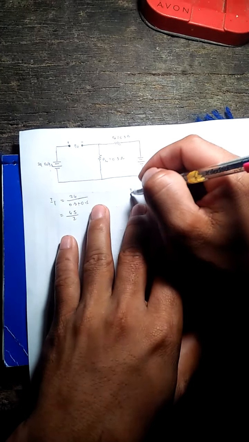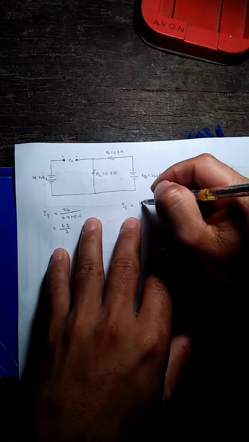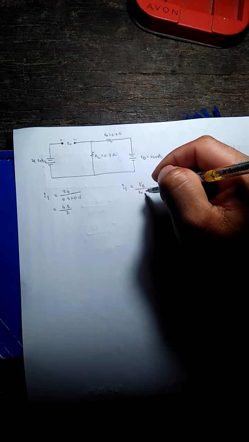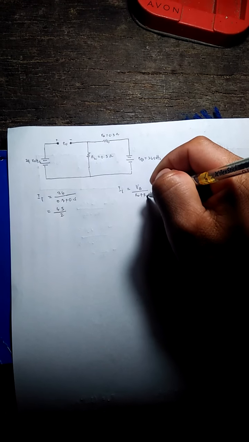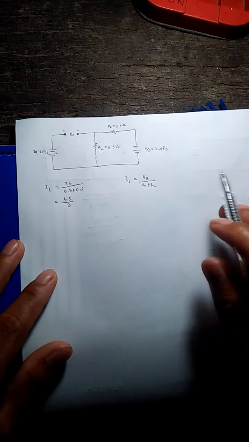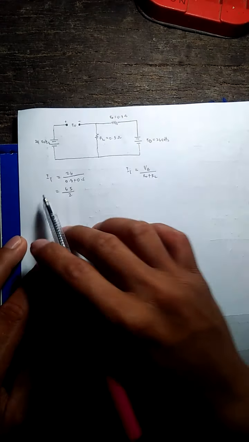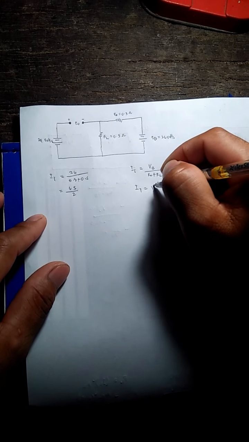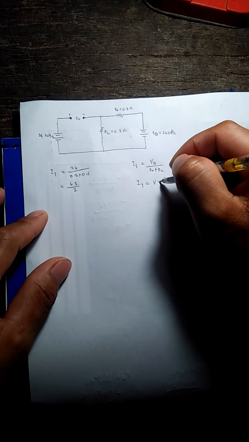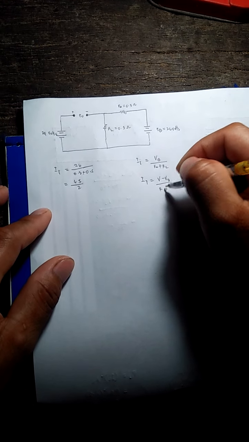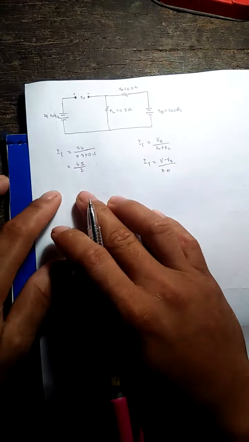We know that IT is equal to VB over RO plus RB or RL. This is the formula in getting IT. So we have the formula for solving IT too, and one is VB over RB. So we are now going to apply this.